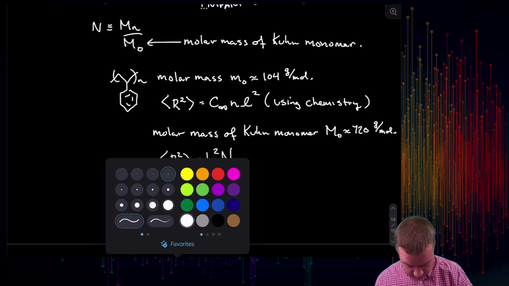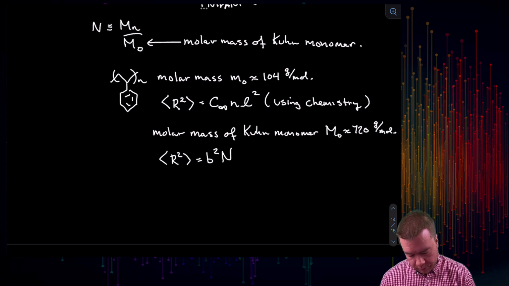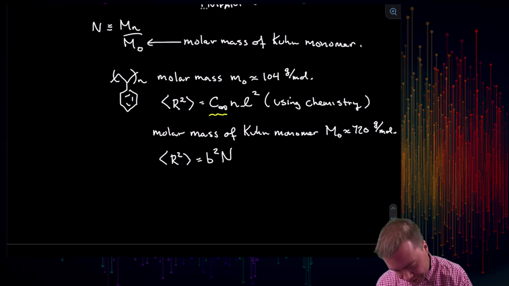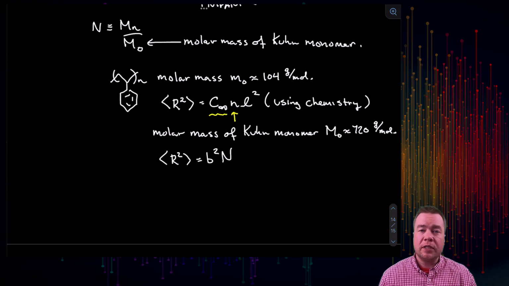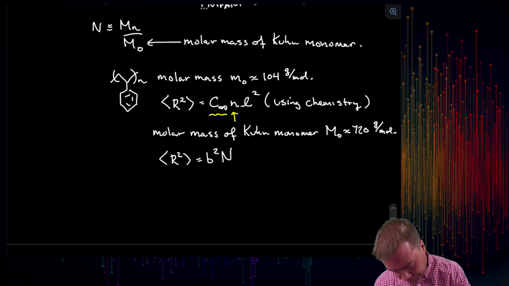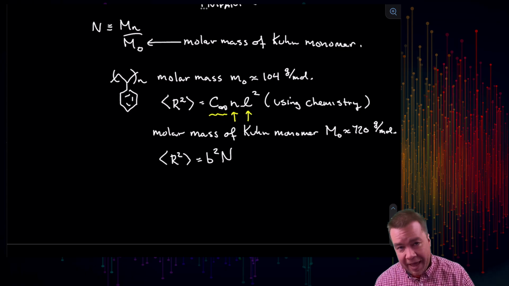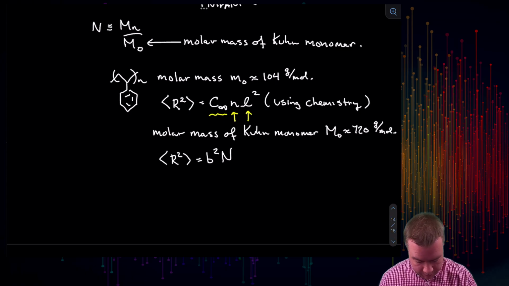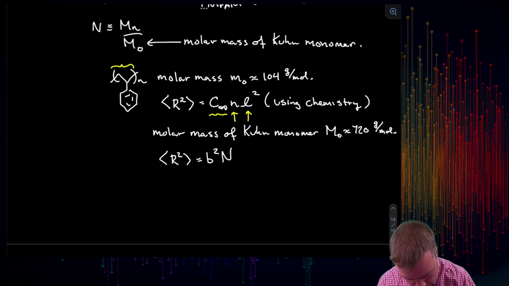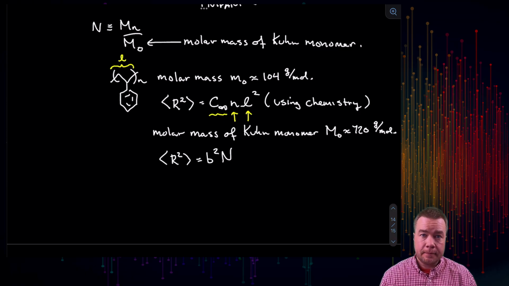So the difference between these approaches is that when you're using the actual number of styrene monomers, you're going to have to look up C infinity. N is going to be the number of styrene monomers that make up your polymer chain. And L is the actual bond length in the backbone. So it's actually that.